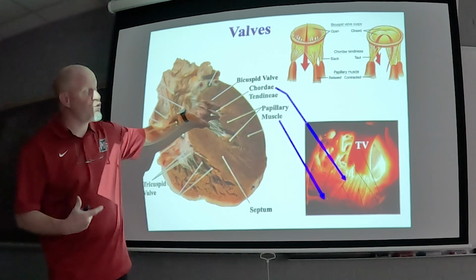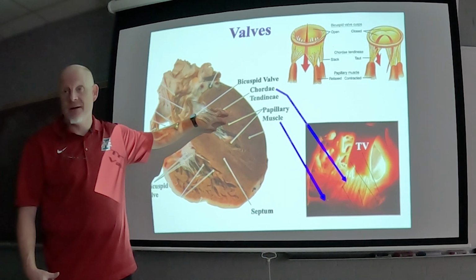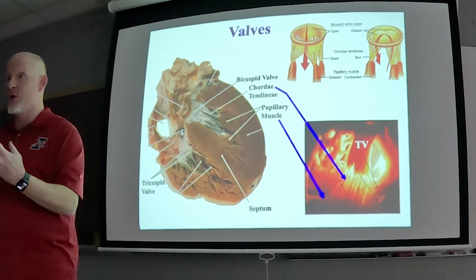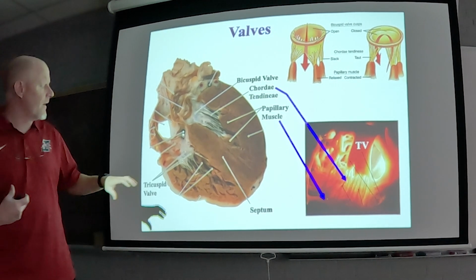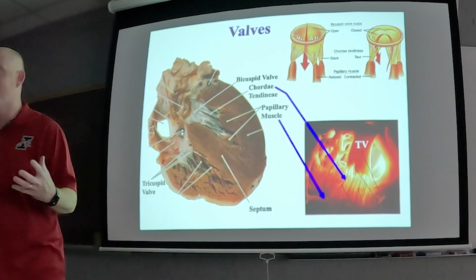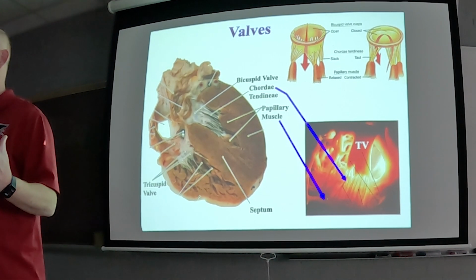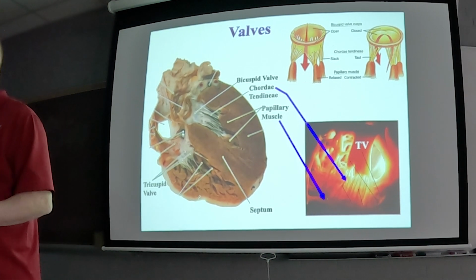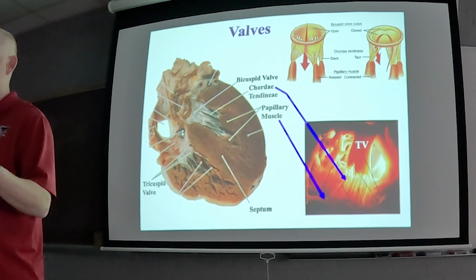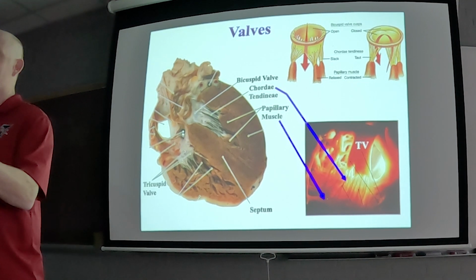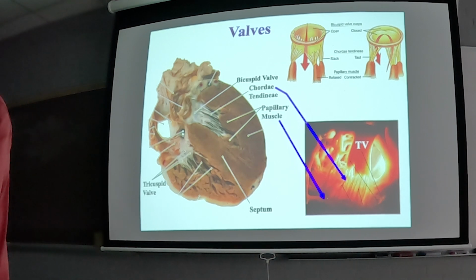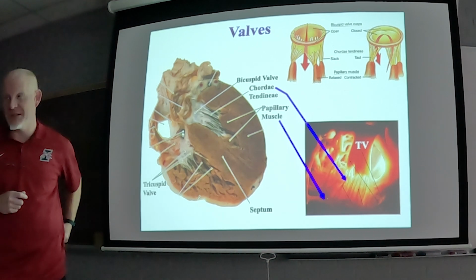So 120 millimeters of mercury are being produced by the left side of the heart. Tremendous pressure, right? Whereas on the right side, it might be like 20 or 40, 50 millimeters of mercury. It's a lot less. So it's like a super soaker versus a regular squirt gun. You're still sending out the same amount of fluid. You're just doing it at a much different rate of speed and pressure.